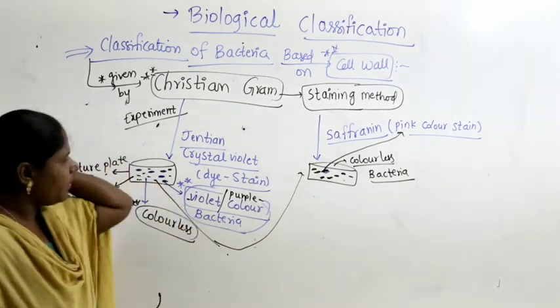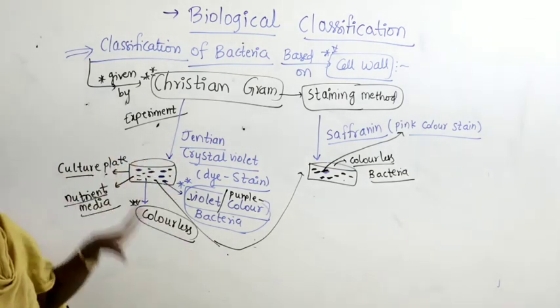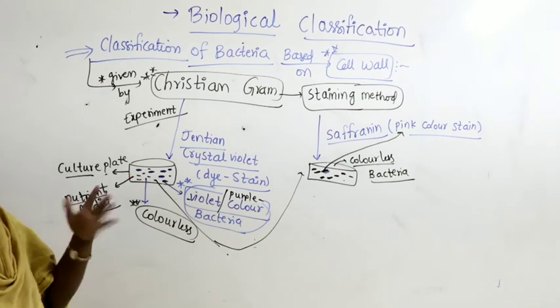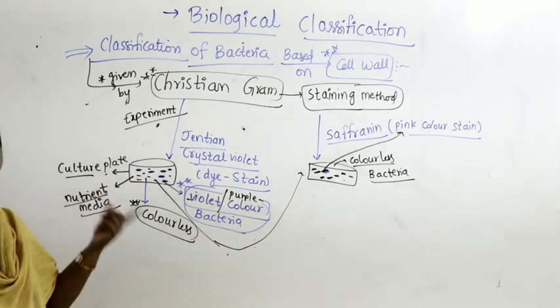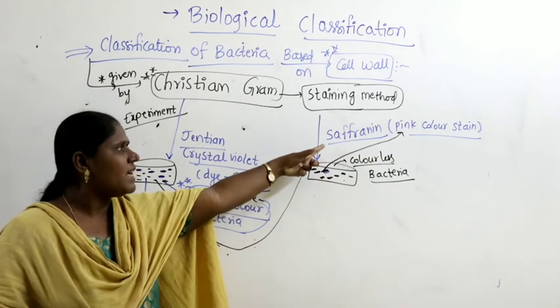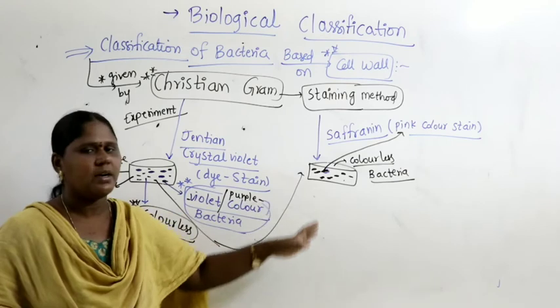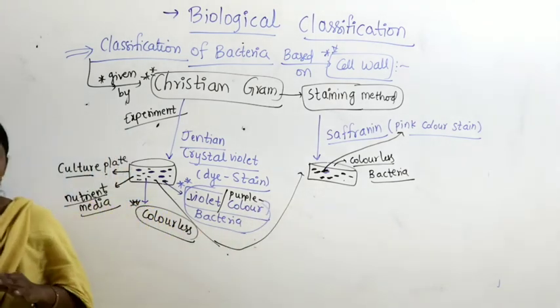So that means some bacteria have the ability to absorb crystal violet stain, and they become violet color. The remaining bacteria don't have the ability to take up that stain, but they have the ability to absorb another dye called safranin, and finally they appeared pinkish in color.